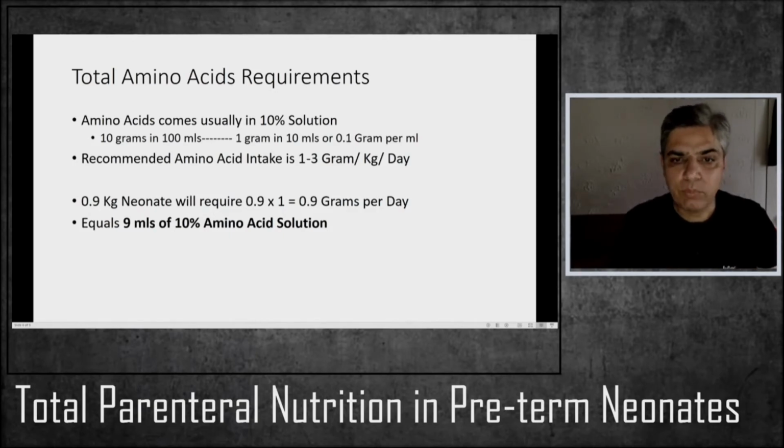So 0.9 gram is simply equal to 9 mils of 10% amino acid solution. So your baby in this particular case needs 0.9 grams of amino acid in 24 hours, and that equals 9 mils of this 10% amino acid commercial solution that is available in the market, or that is used in different hospitals.